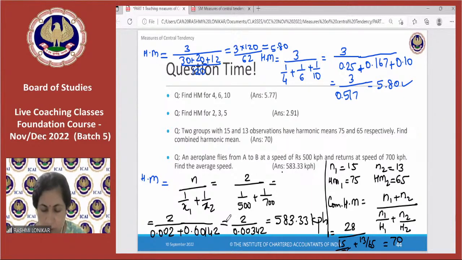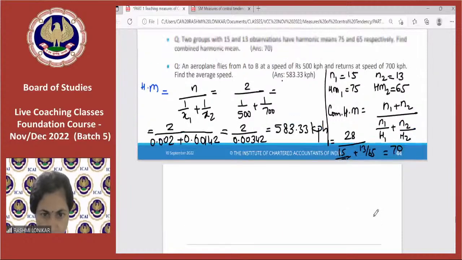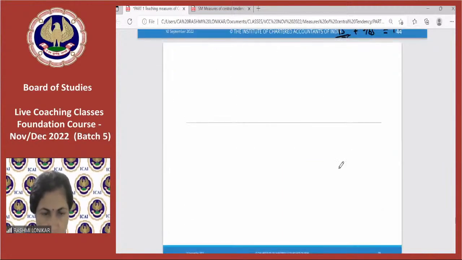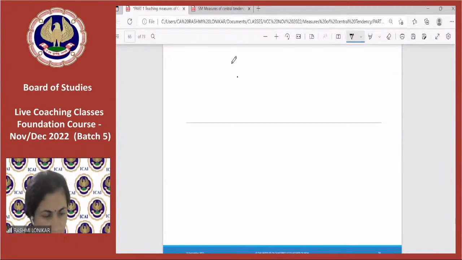So Japreet says, see what happens. What is the concept here? Harmonic mean. Suppose from point A to point B, this distance is 3,500 kilometers.